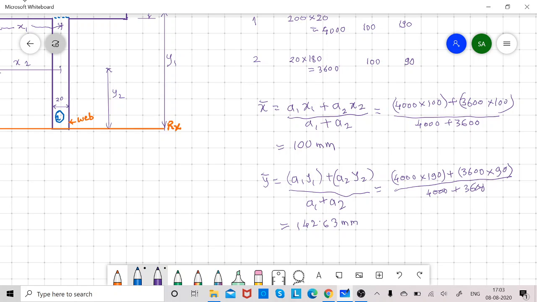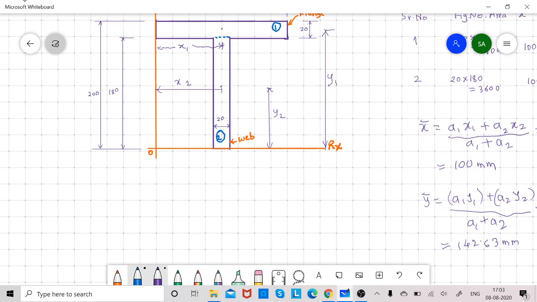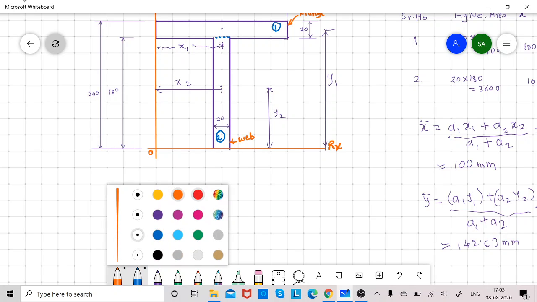What does it indicate? It indicates that the centroid of the given figure is at a distance 142.63 mm from the reference x-axis.